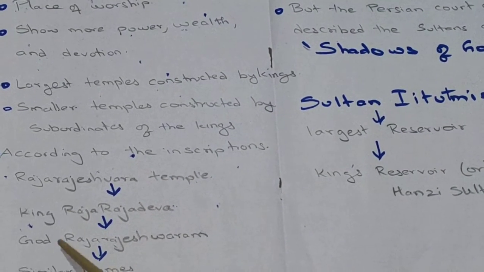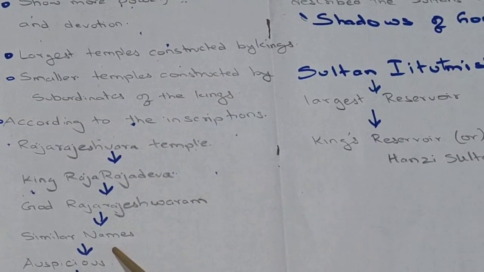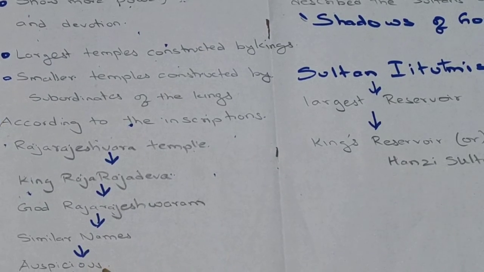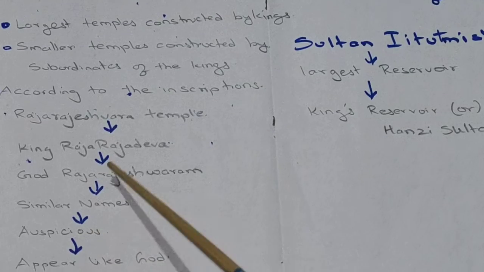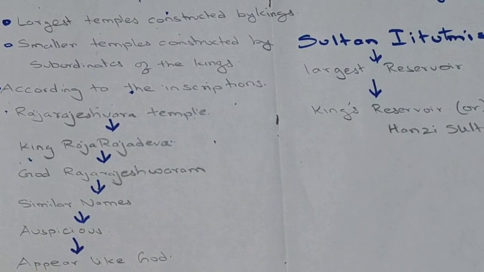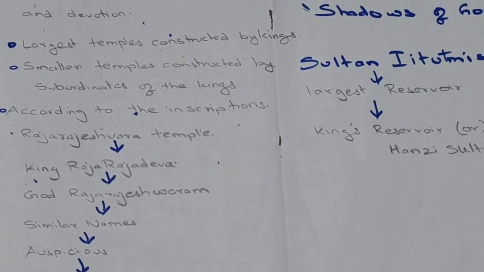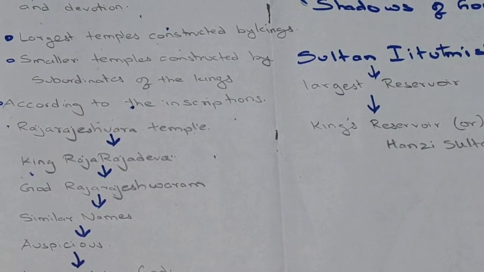The god and the king's names were often similar because the kings considered a similar name very auspicious and good luck for them. They also made sure their names were similar to their gods so that they appear and look like God, having the inheritance and resembling God.